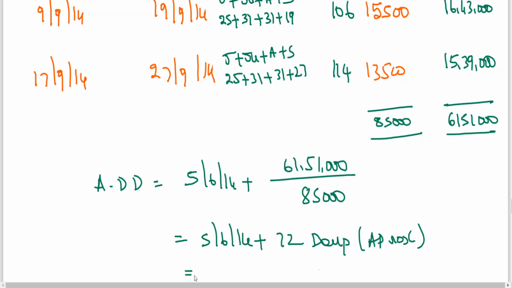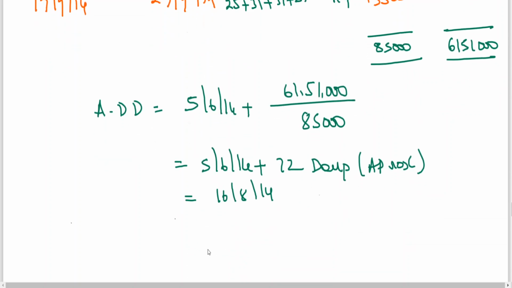So that is 16th August 2014 is the average due date.